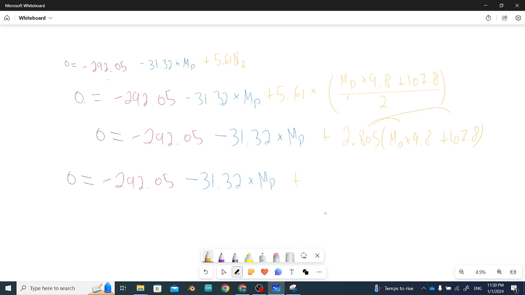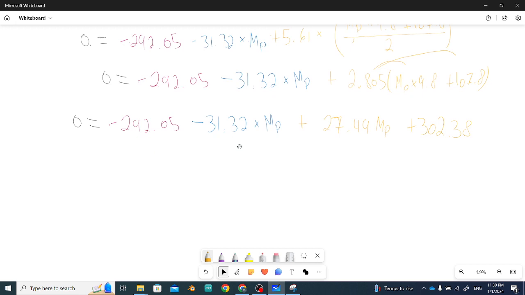So 2.805 times 9.8 is 27.49 times the mass of the painter, plus 107.8 times 2.805, and that is 302.38. All right, so let's add these two together.